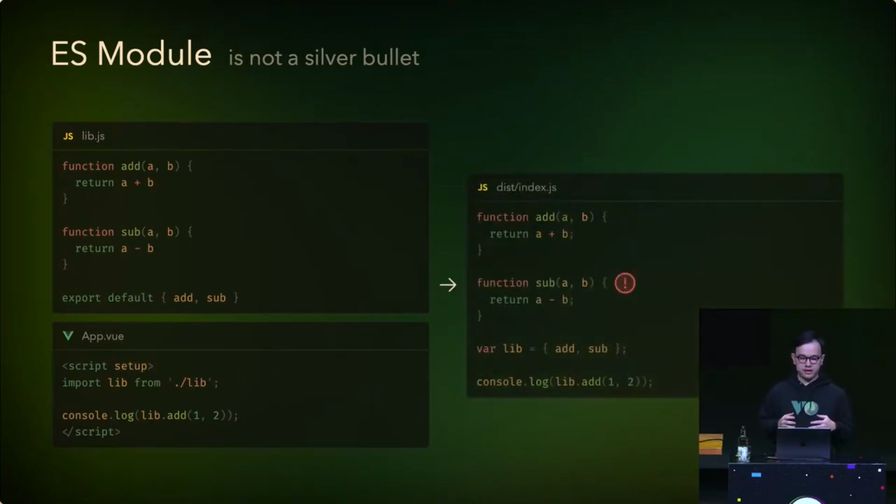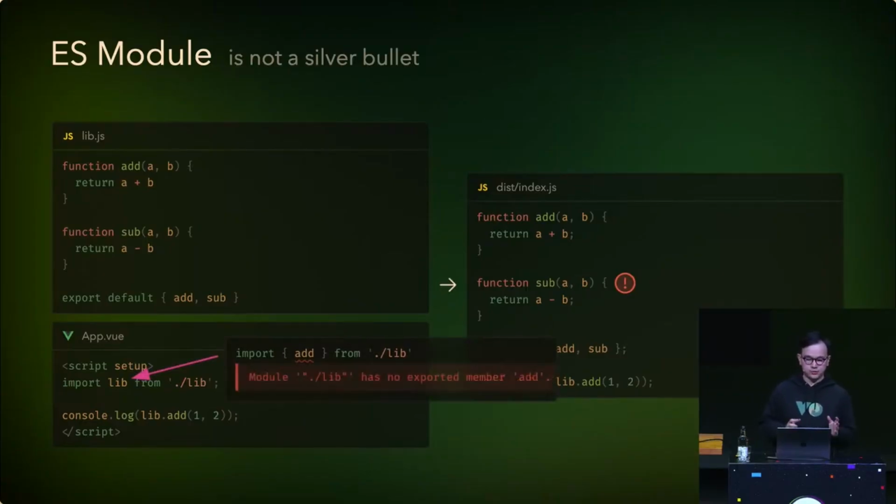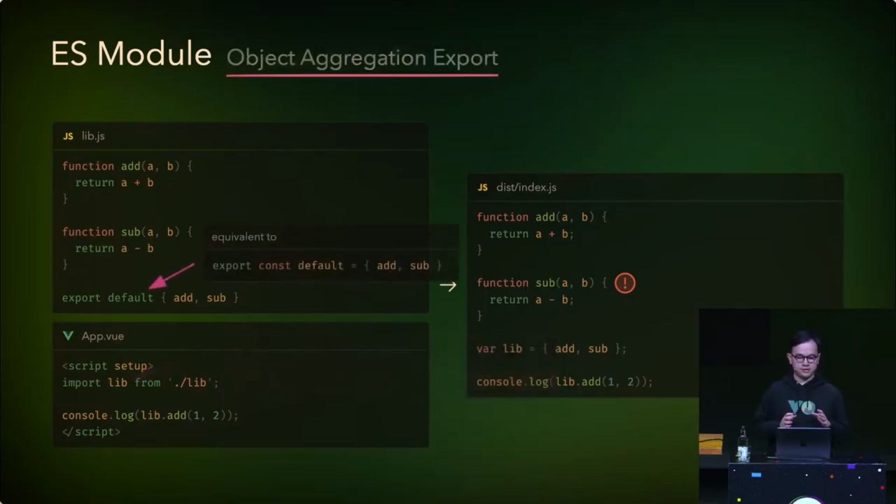You still see an unused function is bundled. Can you spot why? Is it because we didn't use the named import? If you switch to a named import here, the IDE reports an error. Why? Because this library only has a default export, it combines add and sub into a new object and exports that object instead of exporting each function separately.